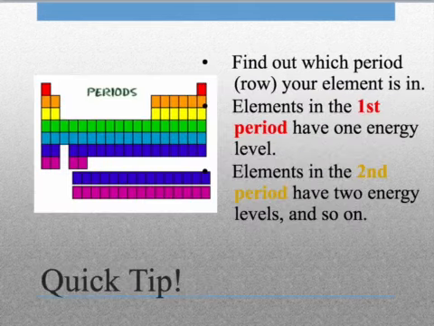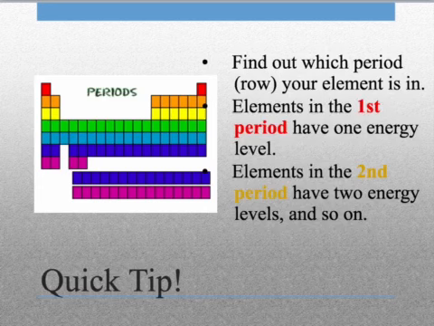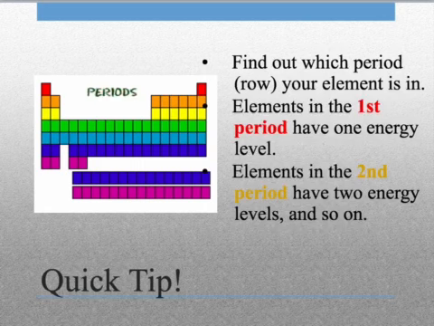A quick tip that's going to help you when you're drawing these things is to look at the period that the element is in. We have our periodic table, and it's divided into rows, and each row is a period. If you look at elements in the first period, so these two here, you have hydrogen and helium. If I'm in the first period, I'm going to have 1 energy level.